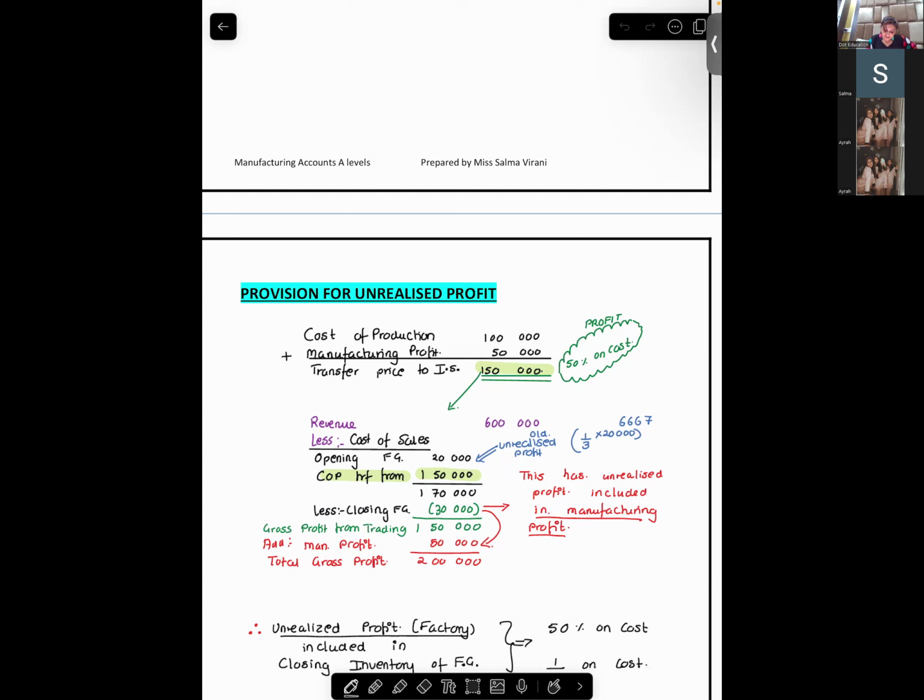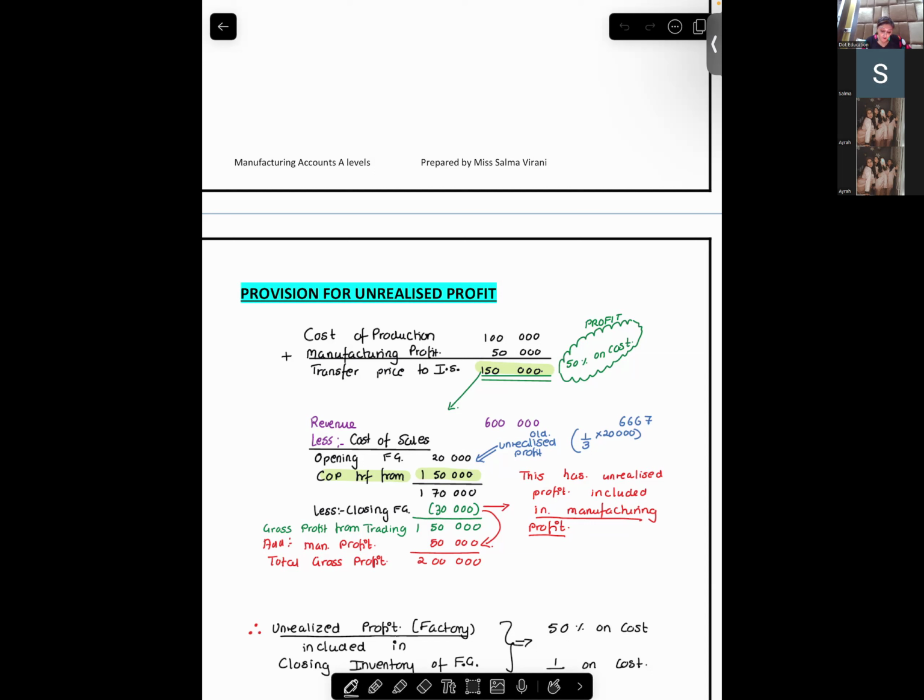How much factory profit might be there? With 100% on cost is the factory profit, so it'll be 100% on sales also. So 10,000 is the factory profit included at this price. 100,000 is the factory profit included at this price. And you also have closing inventory of finished goods. So 15,000 is the factory profit that is included in this price. Are you with me?